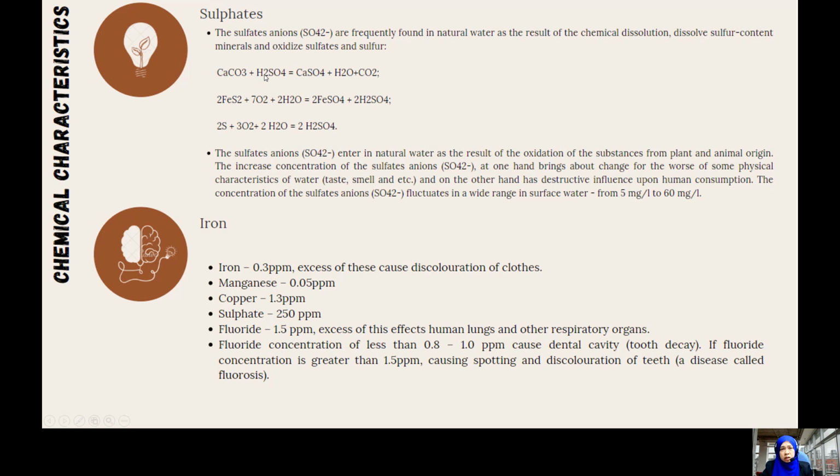This is the formula of the sulfate. The sulfate ion enters natural water as a result of oxidation of substances of plant and animal origin.